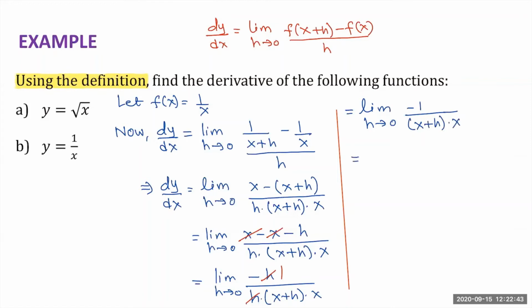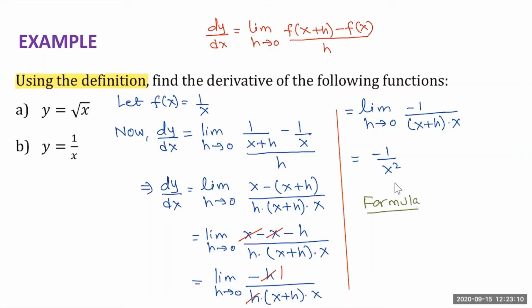Now when h approaches 0 and you plug in h equal to 0, this will be negative 1 over x plus 0 is x, multiplied to x is x squared. So the derivative of 1 over x is negative 1 over x squared. That is also a formula that you need to remember.